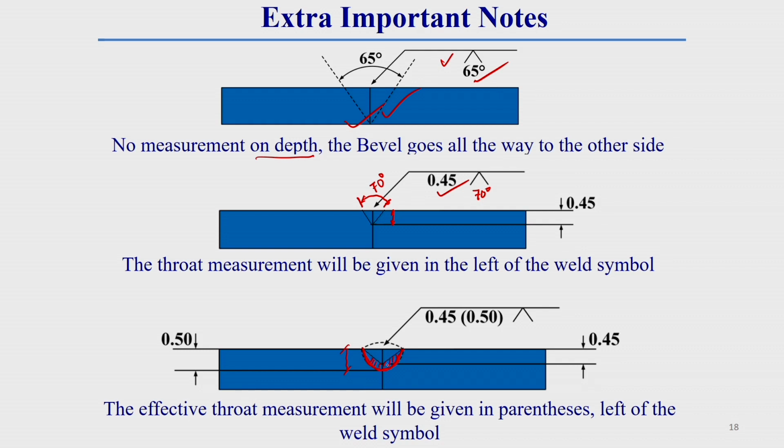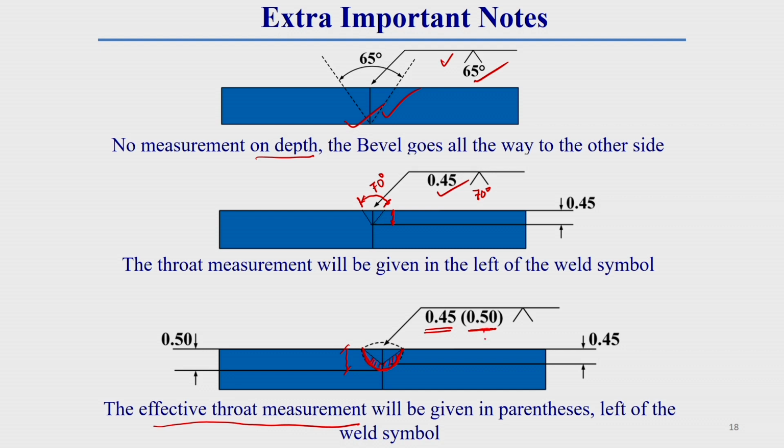This depth of fusion is also sometimes called effective throat measurement. Generally, this effective throat measurement we have to provide at the parenthesis side of the bevel depth.